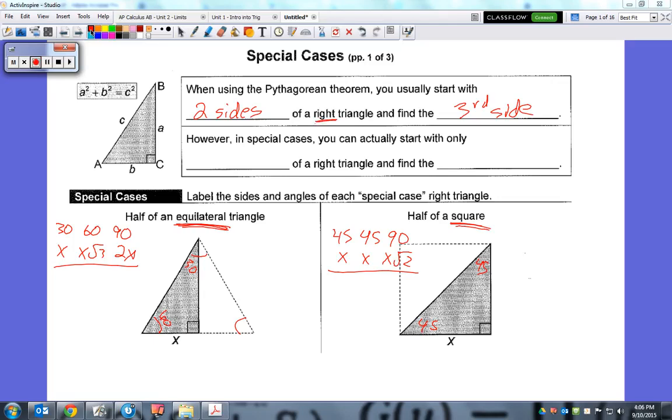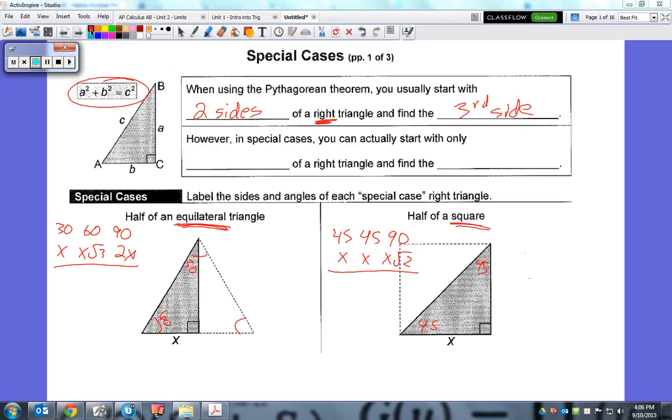Okay, this is with a right triangle. The way we do this is we take the two sides and find the third side by the equation a squared plus b squared is equal to c squared.